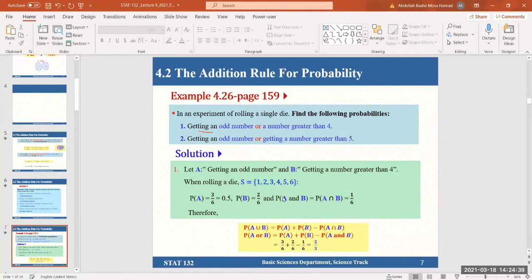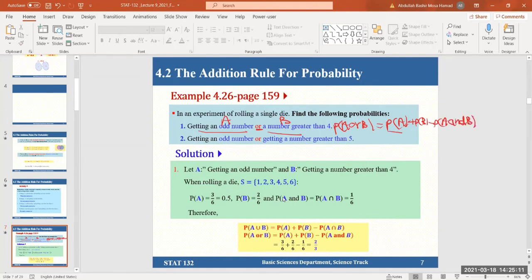This one we denote by A, and this one by B, and it is OR. So we have the rule for OR: P of A or B equals P of A plus P of B minus P of A and B.